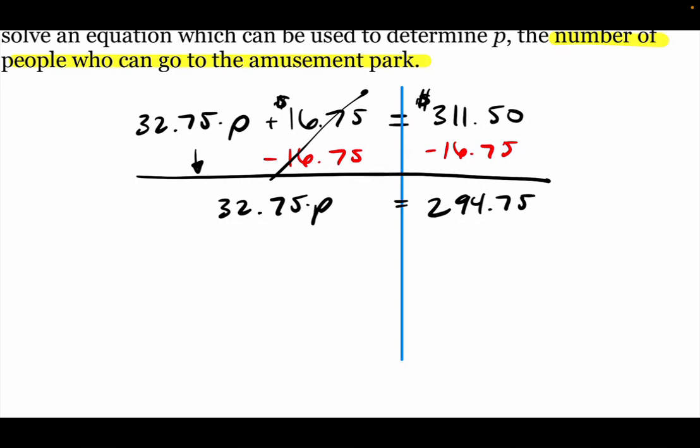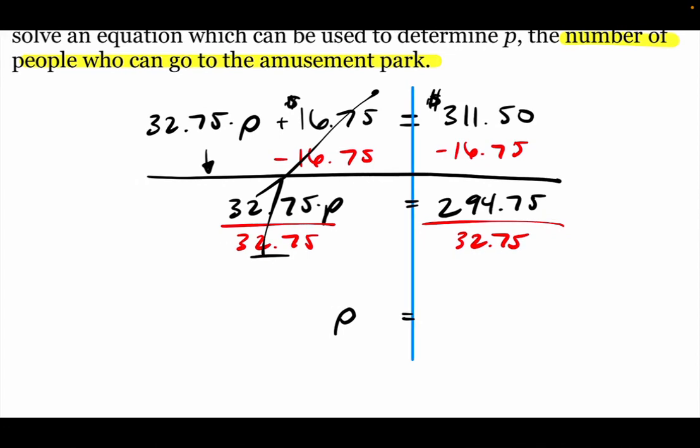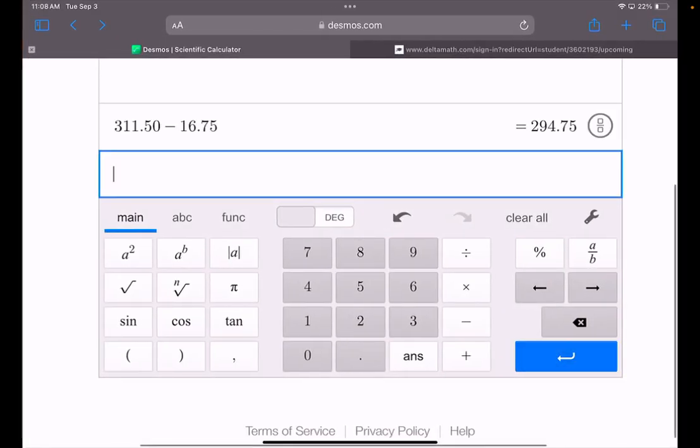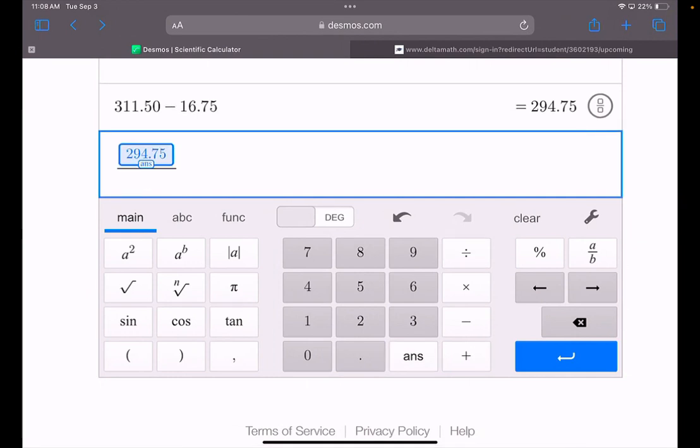Done with the addition and subtraction, so I got multiplication now. 32.75 times P. Divide by 32.75. Okay. So I'm going to do some division. Take my old number, divide by 32.75, and I get 9.